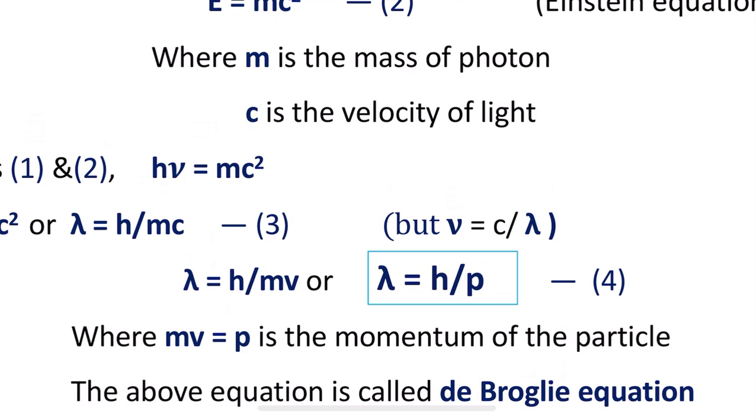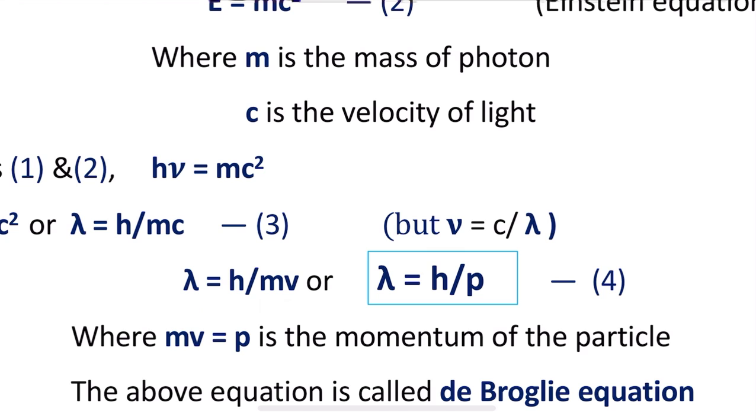The mass of the photon is replaced by the mass of the material particle, and the velocity c of the photon is replaced by the velocity v of the moving particle.